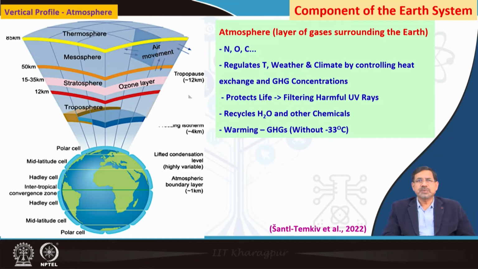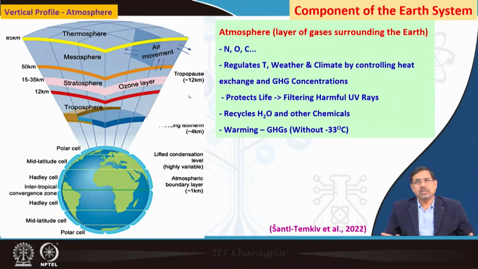So the troposphere, then the stratosphere at 15 to 35 kilometers, the mesosphere between 50 and 85 kilometers, and beyond that is the thermosphere. As far as this vertical profile of the atmosphere is concerned, we divide it with a kind of zonation: tropo, strato, meso, and thermo.